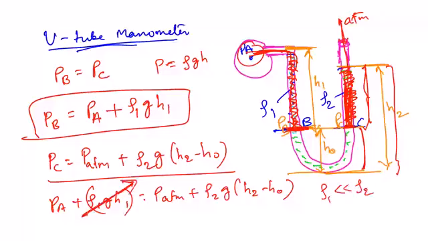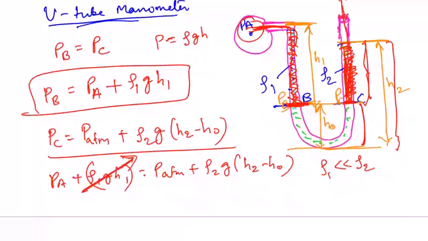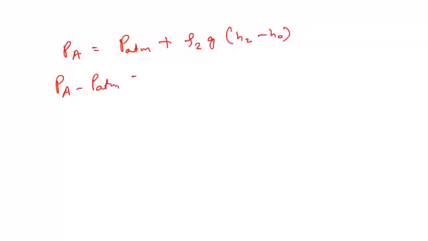So I'll just have PA equals P atmosphere plus ρ2 g (H2 minus H0). Then PA minus P atmosphere equals ρ2 g (H2 minus H0).